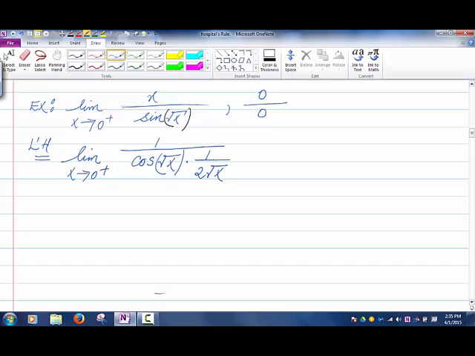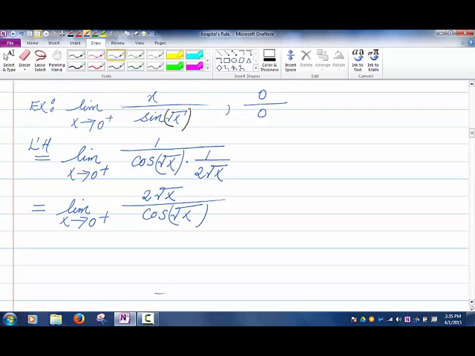Now you have to do some algebra here. So what can I do here? I can say that this is the limit as x goes to 0 from the right of what? Can I put 2 root x in the numerator? And I can write this. Is that okay? You guys agree with that? Is everybody okay? Algebra?